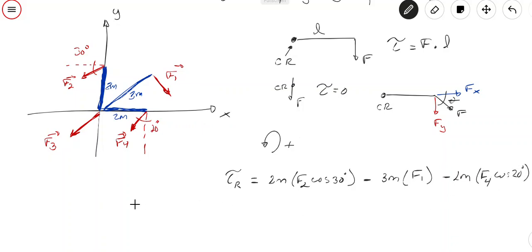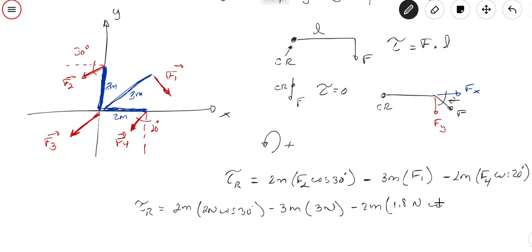Well, now we know that the resultant torque is equal to 2 meters times 2 newtons cosine of 30 degrees, minus 3 meters times F1, that is 3 newtons, minus 2 meters times F4, that is 1.8 newtons cosine of 20 degrees.